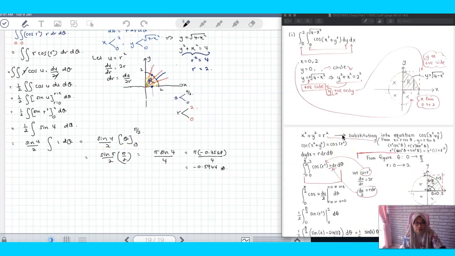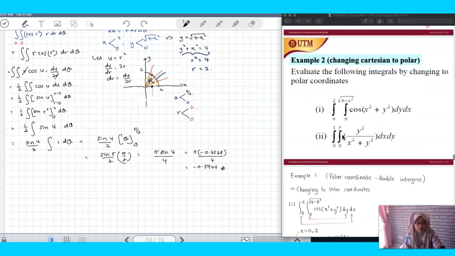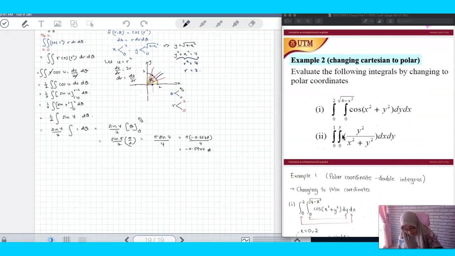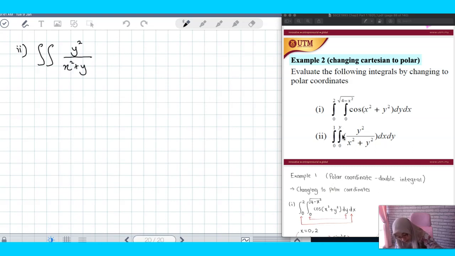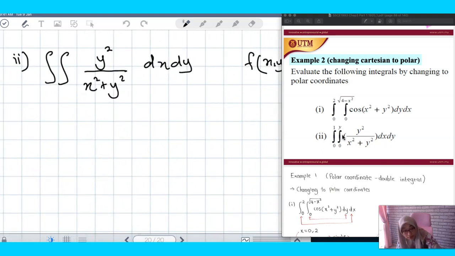How about the second question? By applying the same procedure, you have to convert everything into r and theta. The integrand given is y squared over x squared plus y squared, x dy. Firstly we just copy the limits, y 0 to 1 and x is 0 to 1.